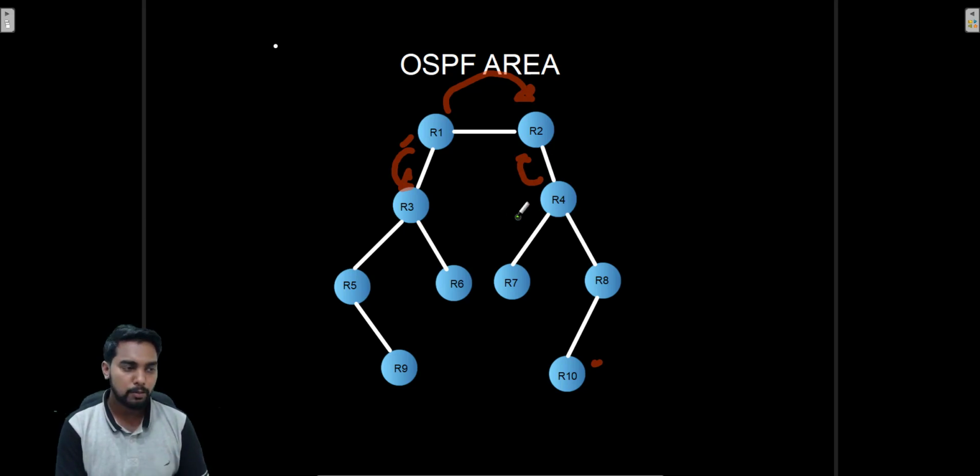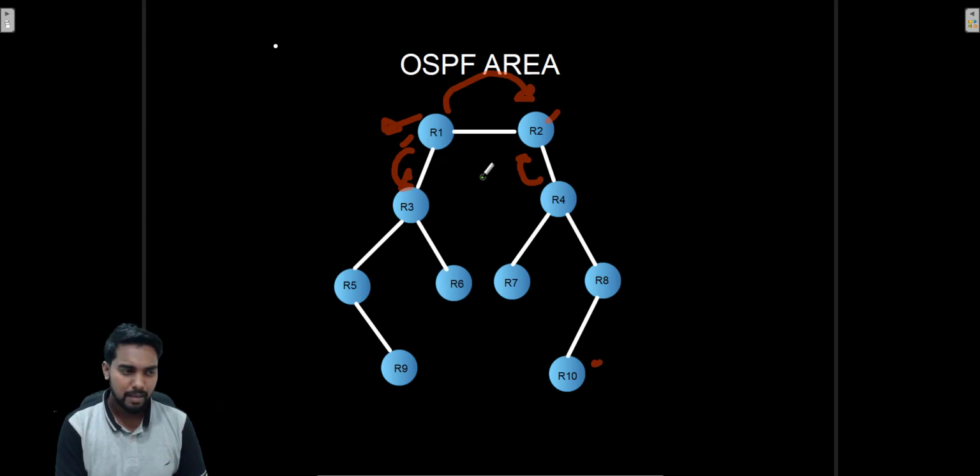At one moment, all of these routers will know about everybody. Router number 1 will have information of routers 2, 3, 4, 5, 6, 7, 8, 9, and 10. Similarly for router number 2 and all of the other OSPF speaking routers in this network. After all of these OSPF speaking routers have the same LSDBs, they will attain full state.